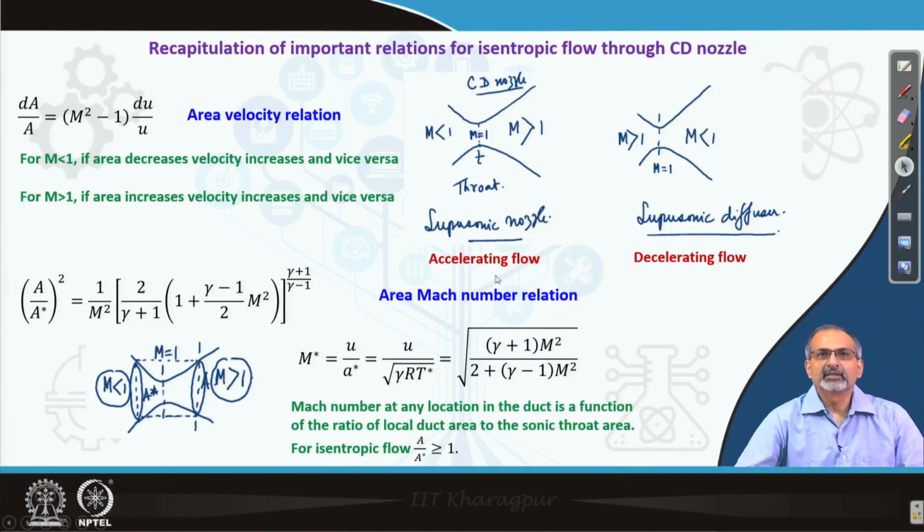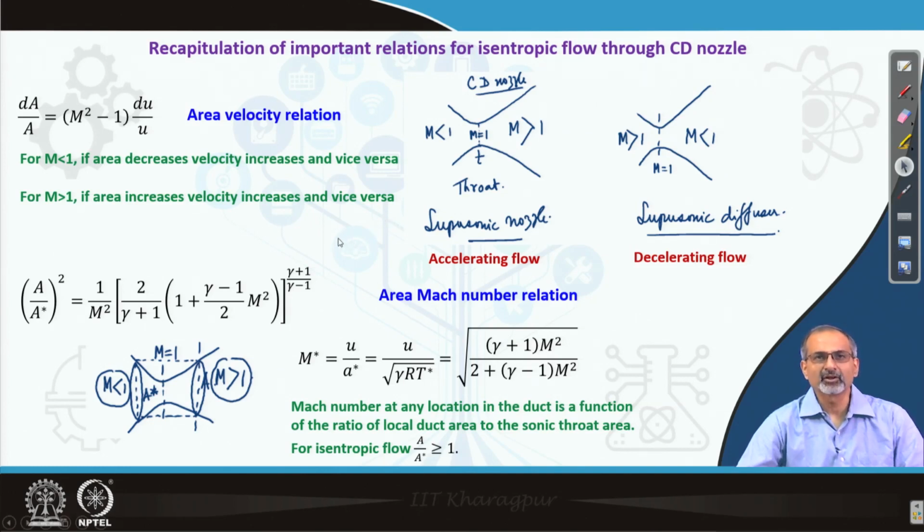We begin with a recapitulation of important relations for isentropic flow through CD nozzles. As you know, in compressible flows, converging diverging nozzles are abundantly found in different kinds of applications, and the area velocity relation and the A by A star relations are part and parcel of such discussion.